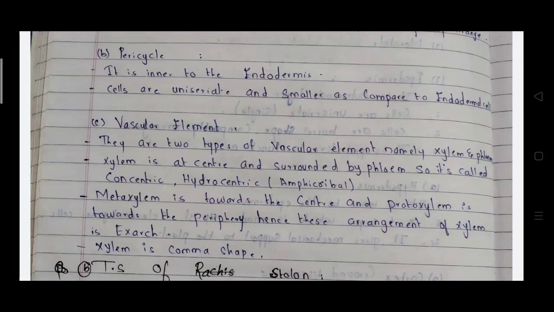That condition is known as exarch, and the xylem looks like a comma shape, which is also an identifying character of the dictyostele. So this is all regarding the transverse section of the rachis.